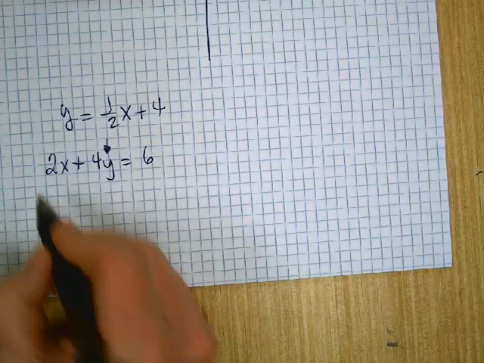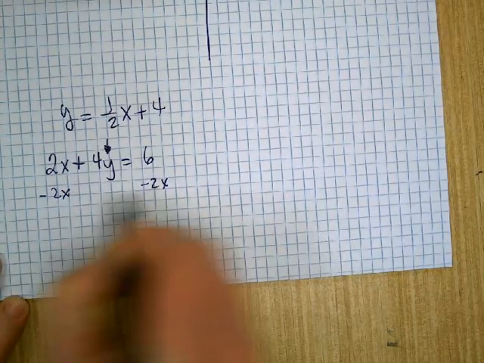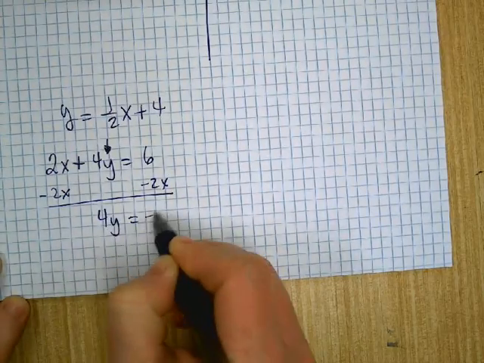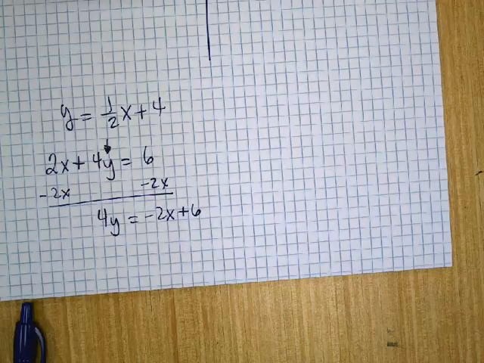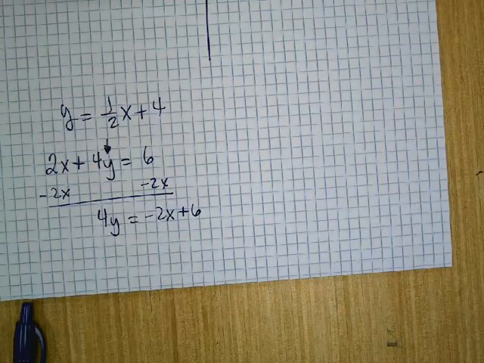Subtract 2x. 4y equals negative 2x plus 6. What's next? Divide everything by 4.